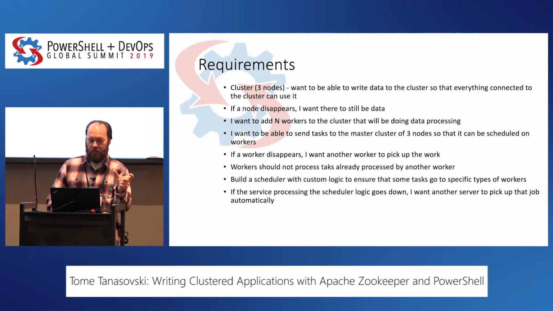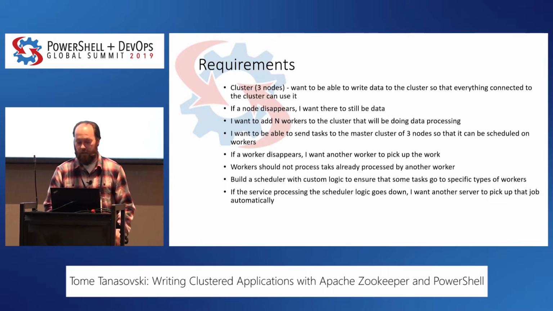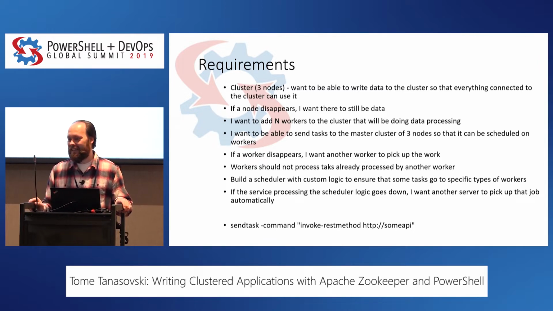So in addition to the workers disappearing and being able to bring up new ones, the thing that's making all of the decisions about what to use, if that disappears, it needs to be as if it didn't happen and something else just takes over. Okay, does any of this sound difficult writing it natively in PowerShell? It's nearly impossible. Like it's a task you can do, but there's a lot to think about. You know, you have to think about how things get disconnected, timeouts, all of that stuff.